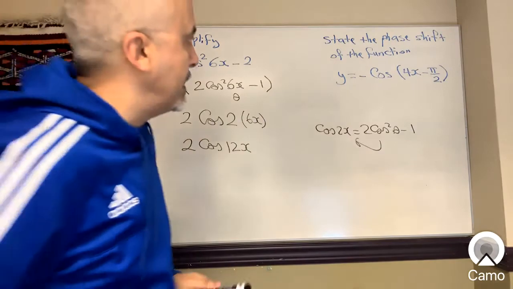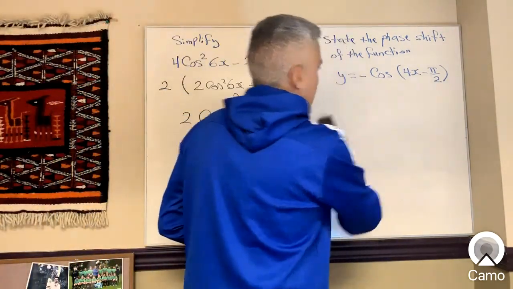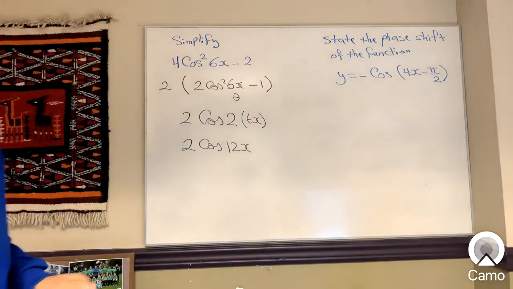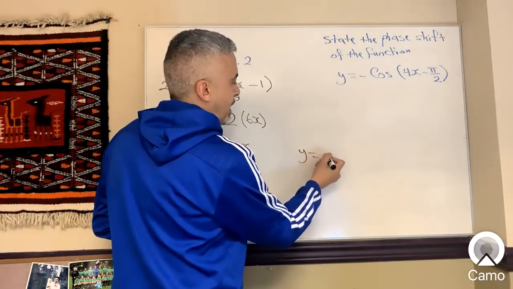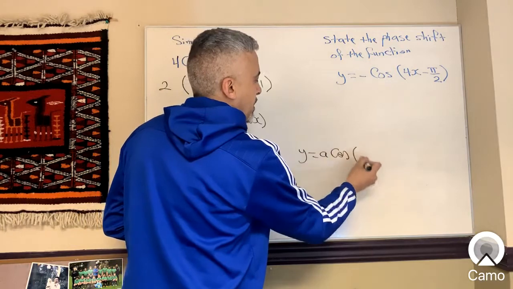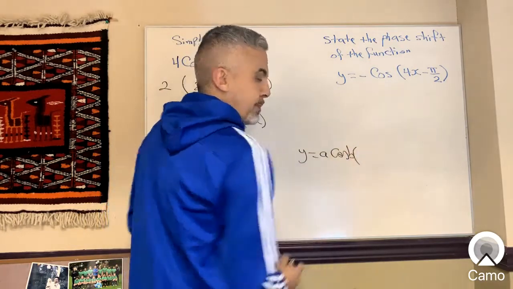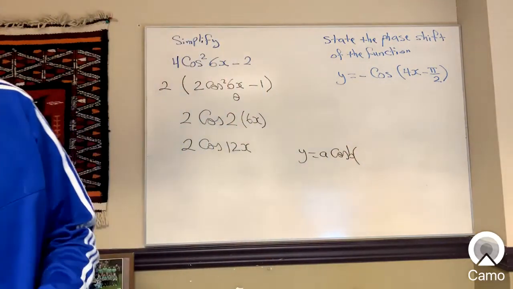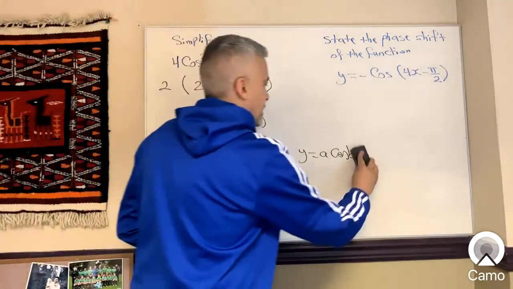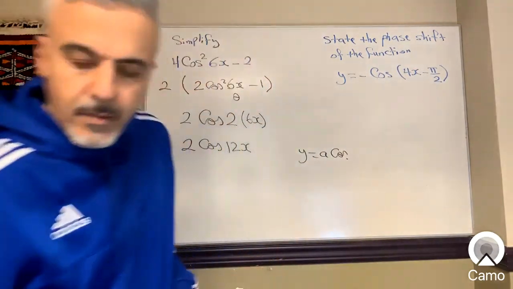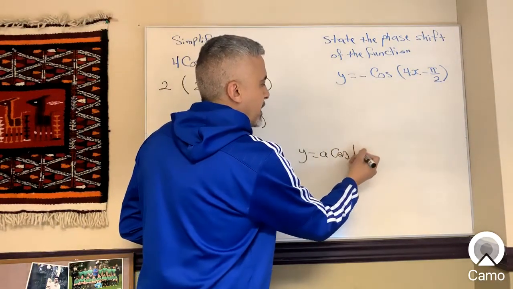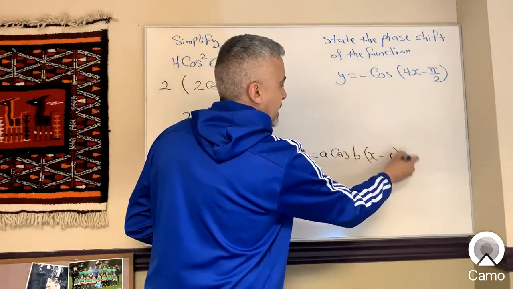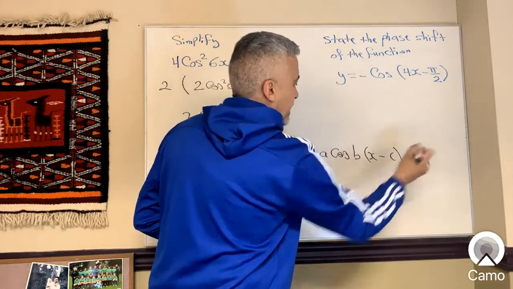The second question is asking what the phase shift is. If you remember, for sine and cos, it's y equals a cos(bx minus c) plus d.